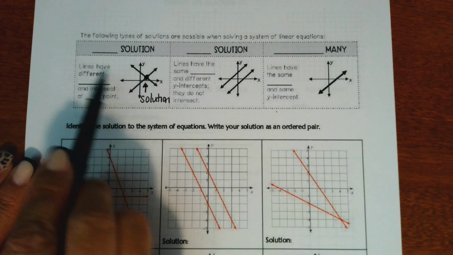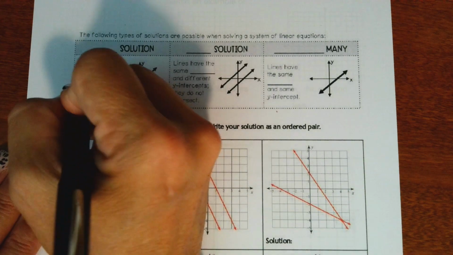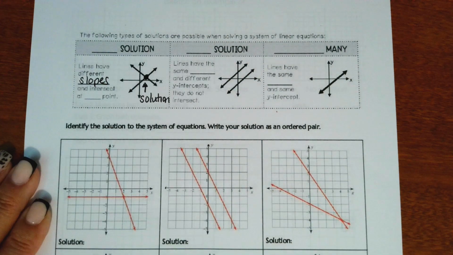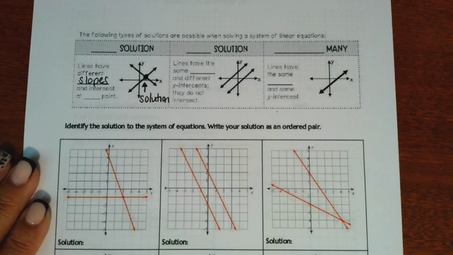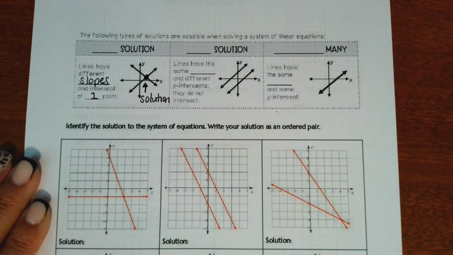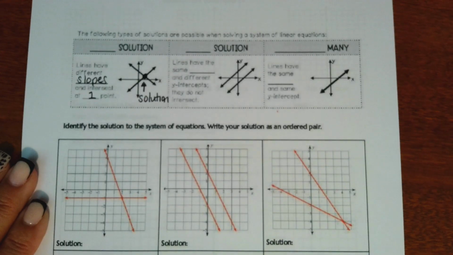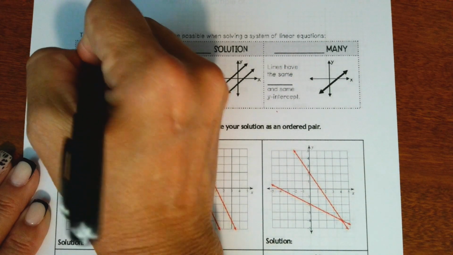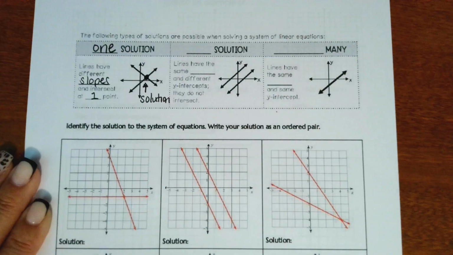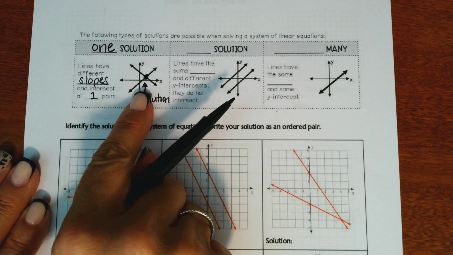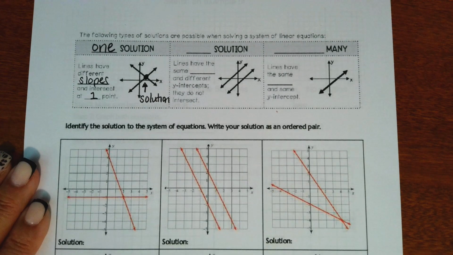So when there's one intersection, the lines will definitely have different slopes, and when they have different slopes, they will intersect at only one point. So intersecting lines only have one solution.